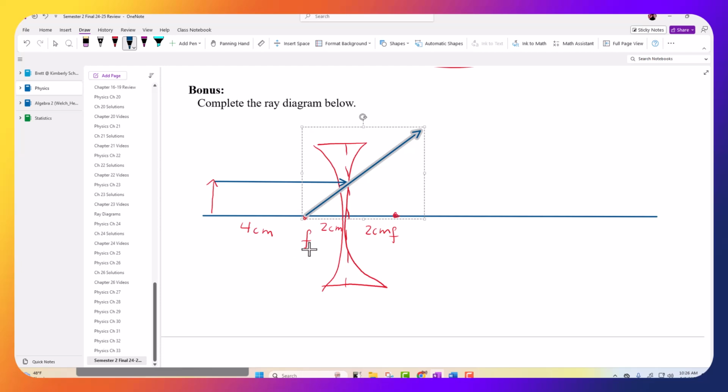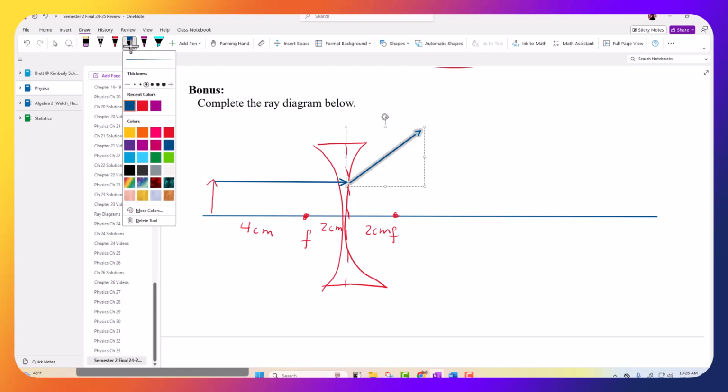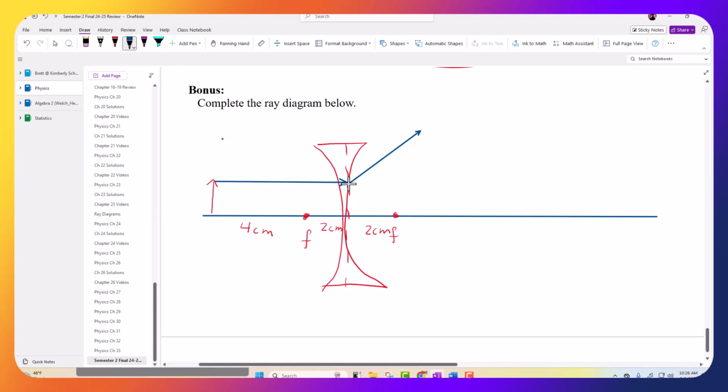I'm going to tweak the drawing here just a little bit. So bear with me. Can anyone tell why I did a dotted line there? Because it's not actually. Yeah, the light's not actually passing in that pathway. It just appears to be coming from that direction.